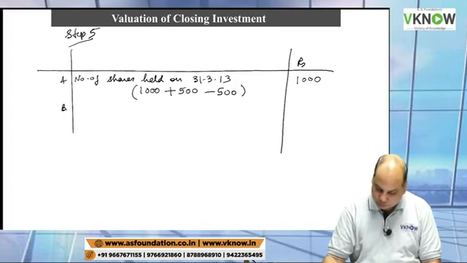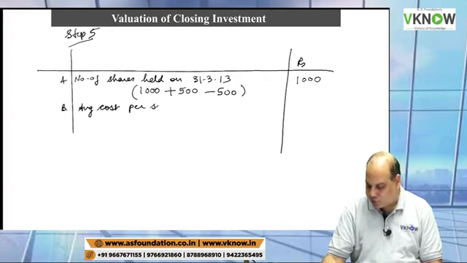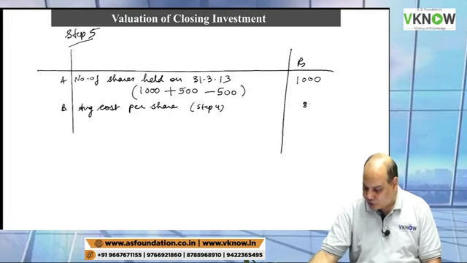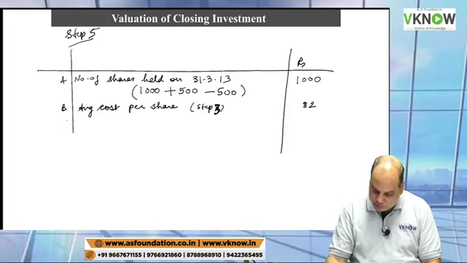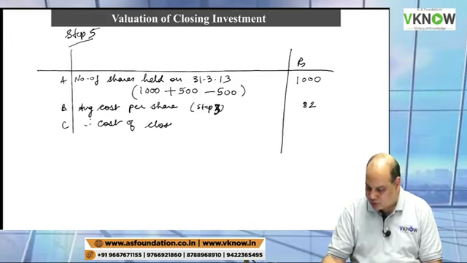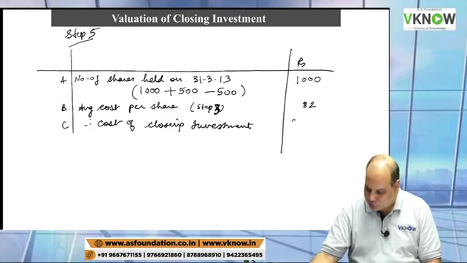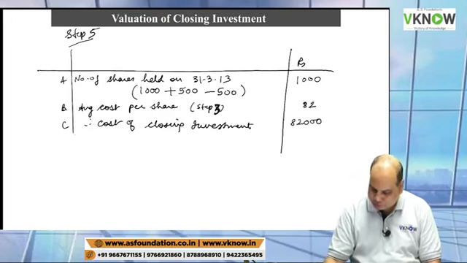Point B, average cost per share. We'll go to step number 3 and you have calculated 82 rupees. Point number C, therefore cost of closing investment is 82,000.